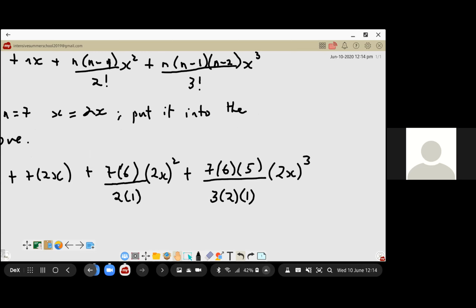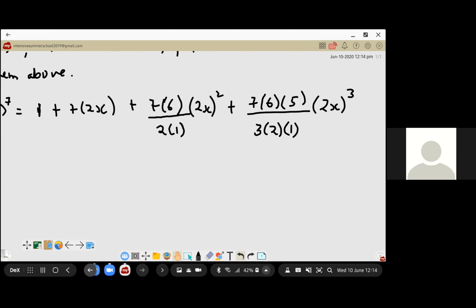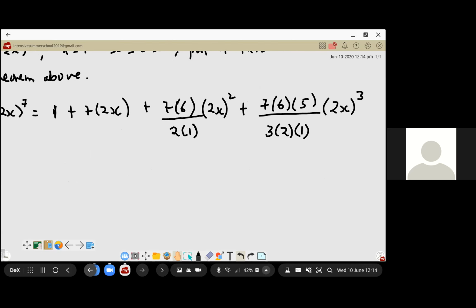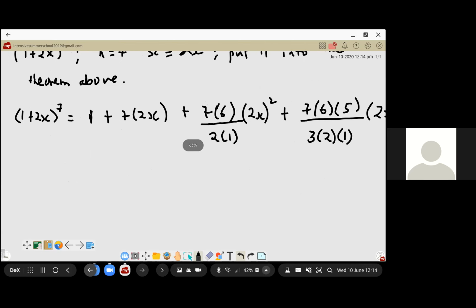Good. So now we need a calculator to help us out. 1 plus 7 times 2 gives us 14x. Then do the rest: plus 84x squared. Is that what we are getting? Yes, please.